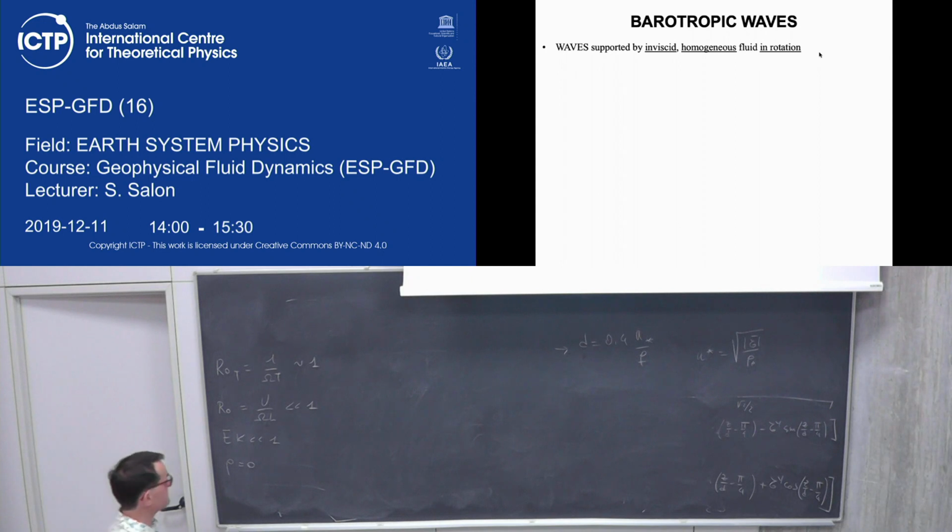What does it mean that Rossby is much smaller than 1?